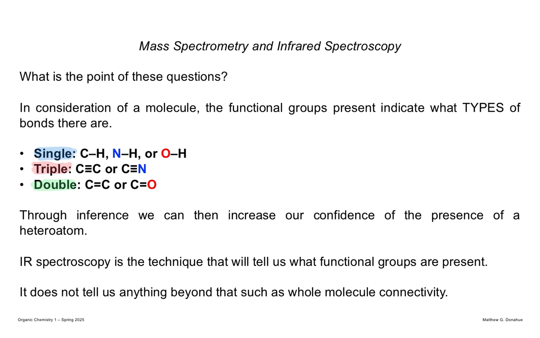So the first region, what I'm calling single bond, that's CH, NH, and OH. The second region contains triple bonds, so alkynes and nitriles. The third region contains double bonds, carbon-carbon, so those are alkenes, and carbon-oxygen double bonds, those are carbonyls.